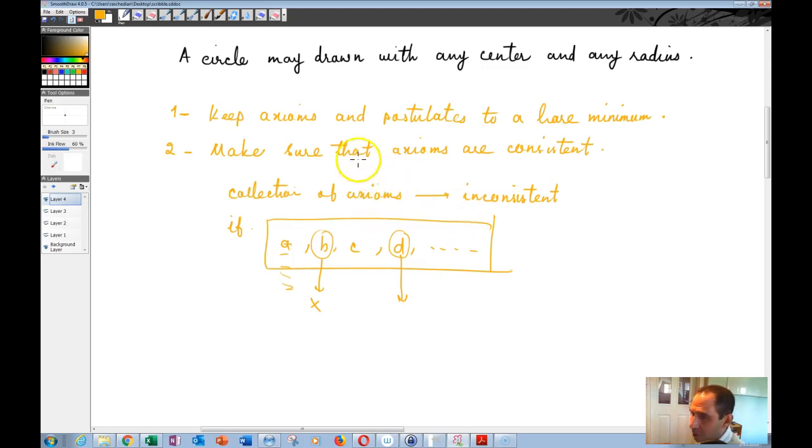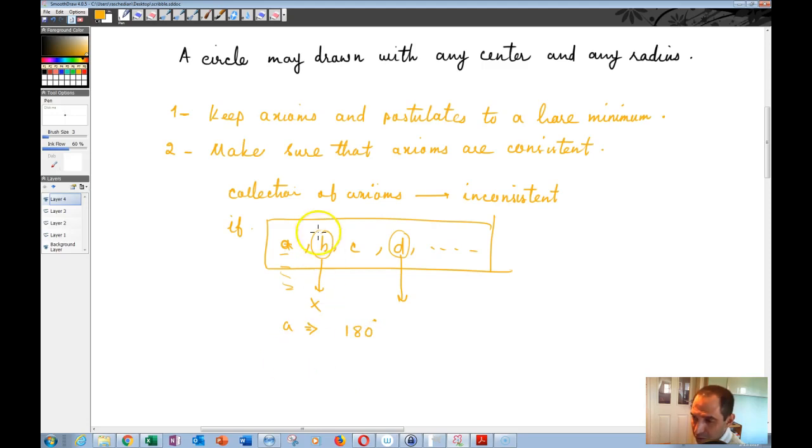Okay, so we make sure that the axioms are consistent, meaning that they have to logically fit together. For example, if you have a collection of axioms over here, suppose that A says that the sum of the internal angles of a triangle is 180 degrees.